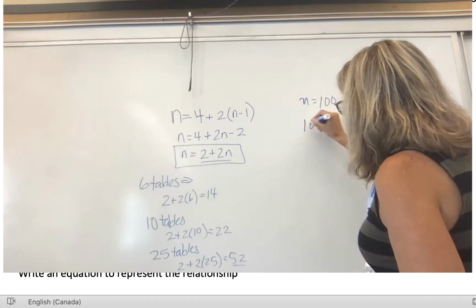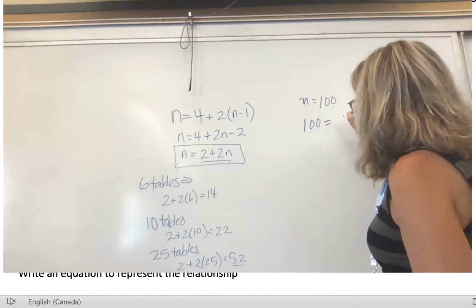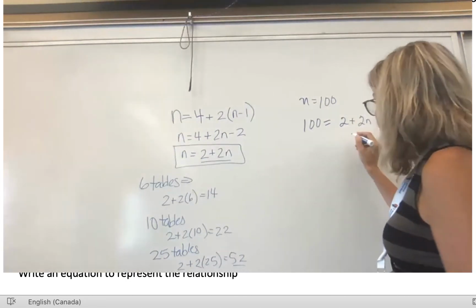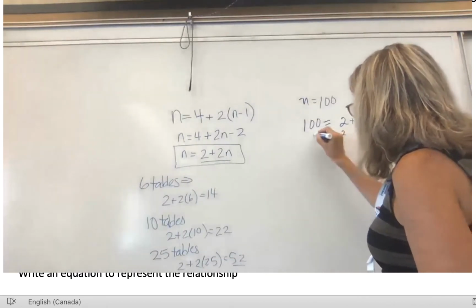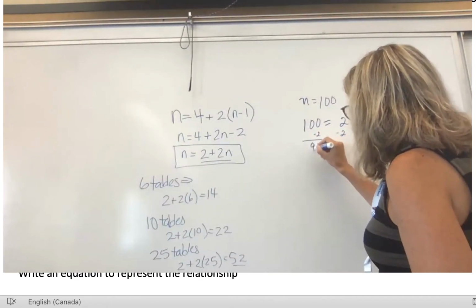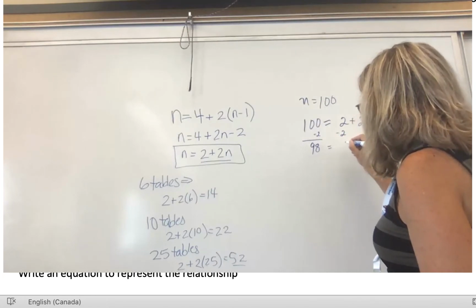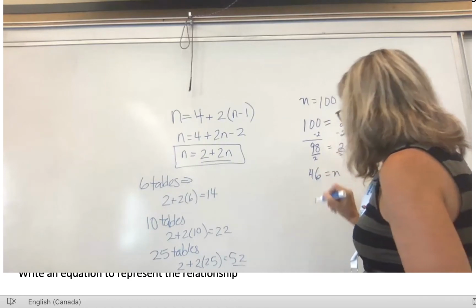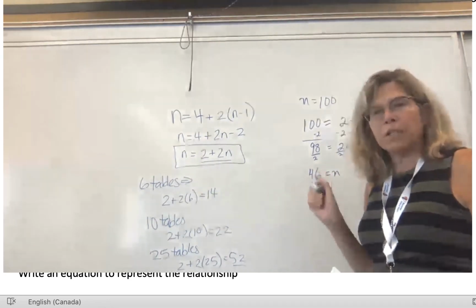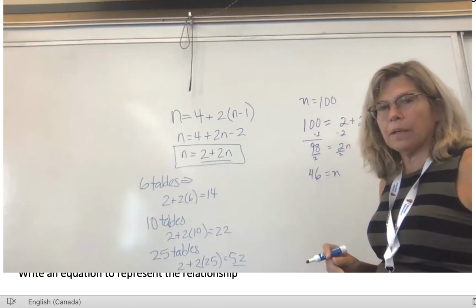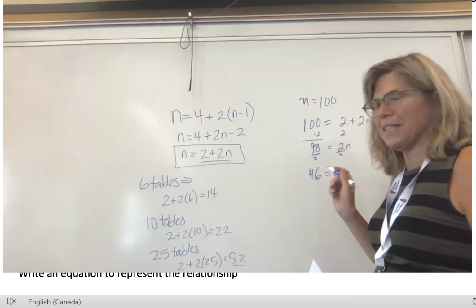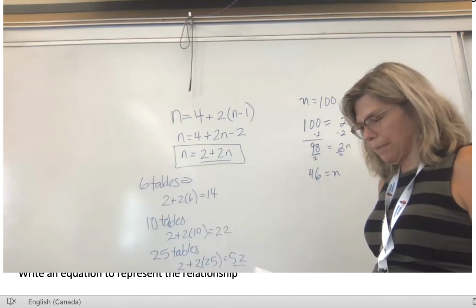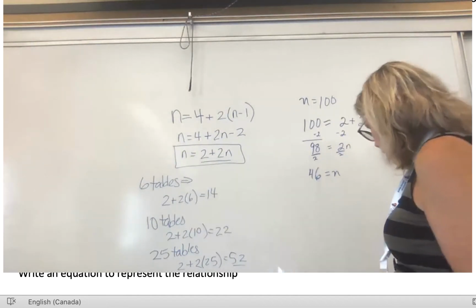So if you put that on this end of the equation equals 2 plus 2n, and solve for n, well, that's minus 2, which equals 98, equals 2n. So in this case, you'd need 46 tables to accommodate 100 people. All right, so let's move on and go to the next piece.